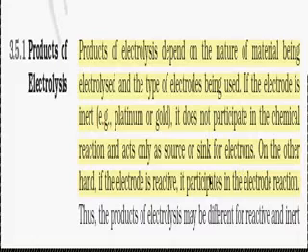That is, exchange of electrons takes place on it, but it does not take part in the reaction. On the other hand, if the electrode is reactive, it participates in the electrode reaction. Thus, the products of electrolysis may be different for reactive and inert electrodes.